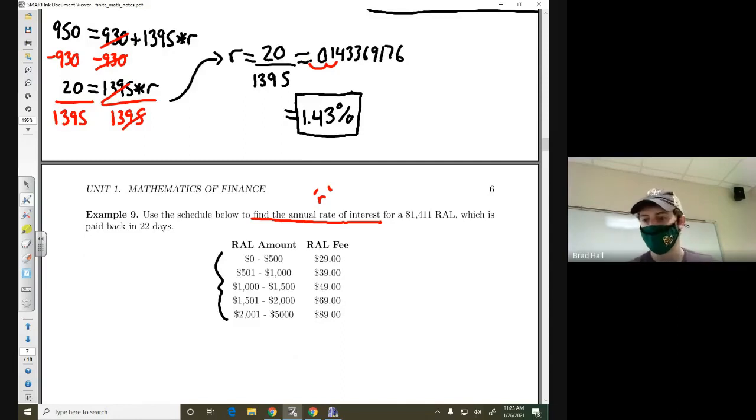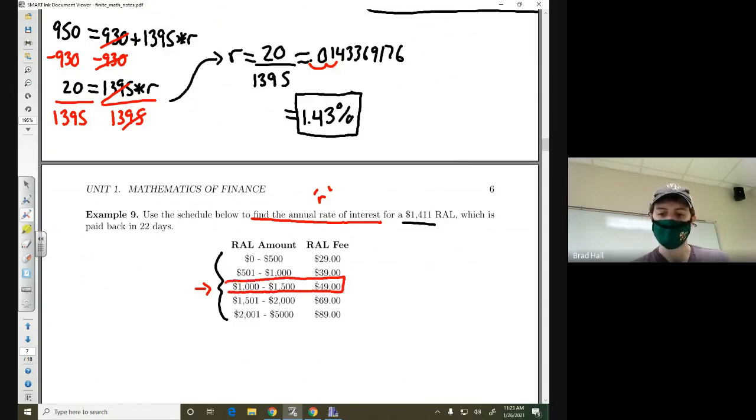So we are borrowing $1,411. So we look at all of these intervals and think, which row does that correspond to? Seems like the third one, because that value we borrowed lies in between $1,000 and $1,500. So we're going to utilize this row.